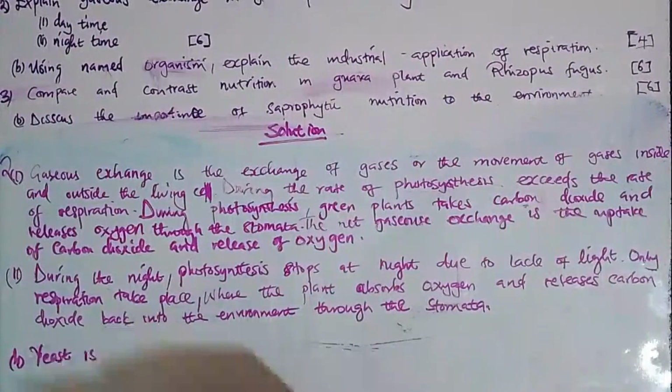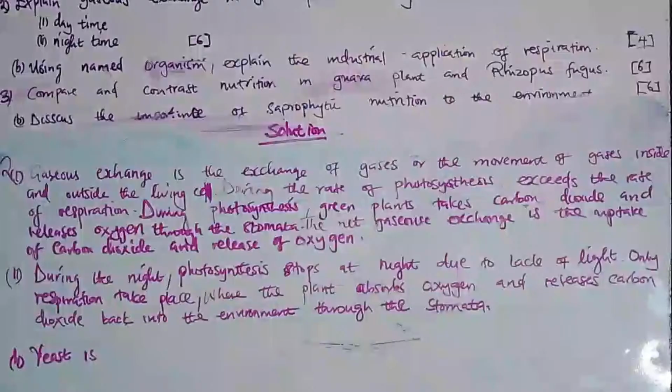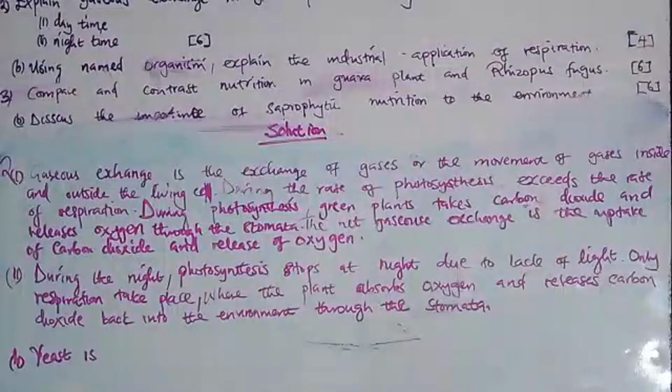So you can say here, so B, we are saying that yeast is extensively used in baking and brewing industry, via or through anaerobic respiration, which is the fermentation respiration which occurs in the absence of oxygen.